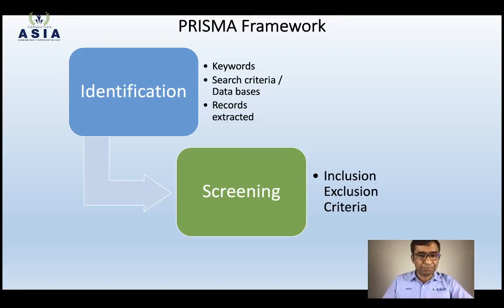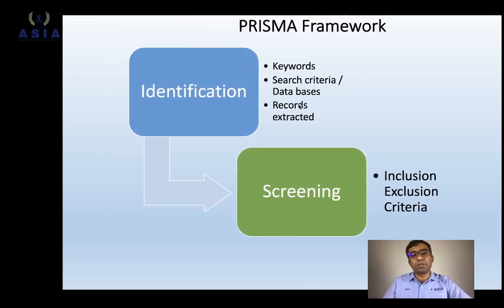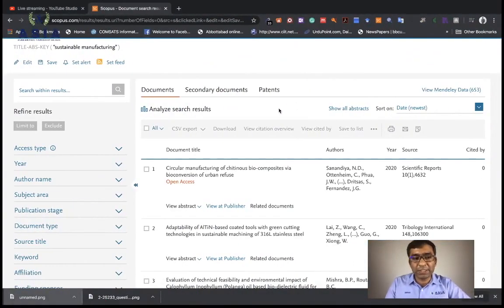It is up to you. You need to define whether you want to take particular countries. You want to decide whether you want to take review papers, conference papers, all types of records, patents and everything, or you want to particularly limit your research to some specific context. So let's see how we can limit those areas.